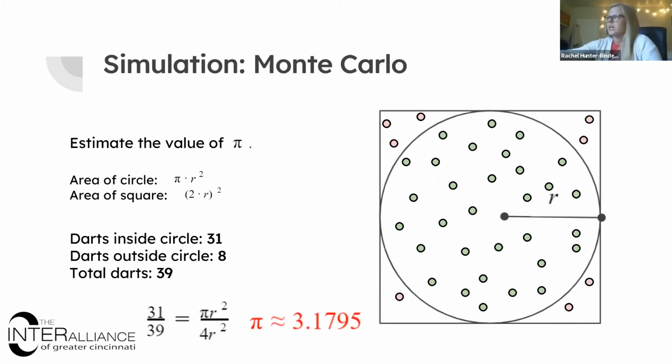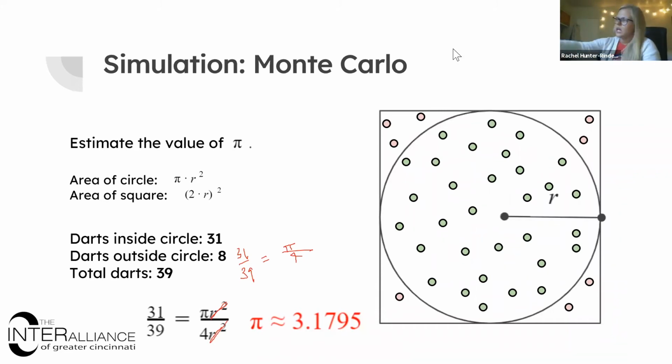What we've done is we've canceled out, let me draw a line, we can cancel our r squared. So we get 31 over 39 is equal to pi over 4. Then we can do a simple cross multiply and divide to get an estimate for pi of 3.1794, which, as you can see, is decently close.